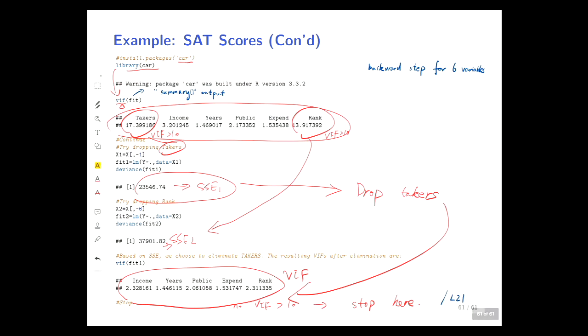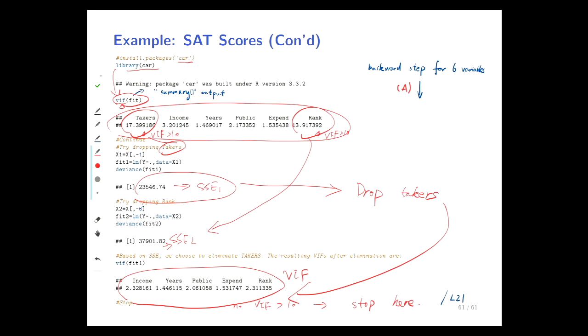And in this step, what we need to do here is that we need to use the criterion A, if you remember, to determine whether or not we should eliminate one variable from these 6 variables. So what's the criterion A for this multicollinearity problem? The criterion A here is that if we use this VIF function, if we find that some VIFs are larger than 10, then we should continue, otherwise we stop.